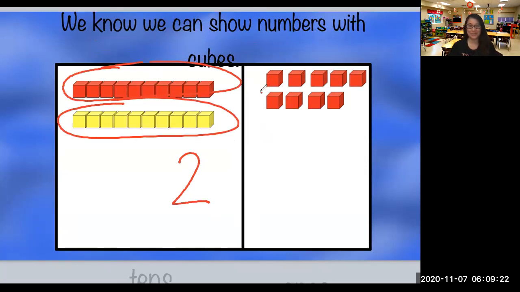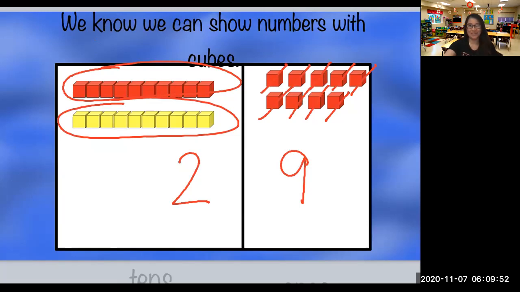Let's count them. 1, 2, 3, 4, 5, 6, 7, 8, 9. There are 9 ones. Wonderful job. When you put them together, you have the number 29.